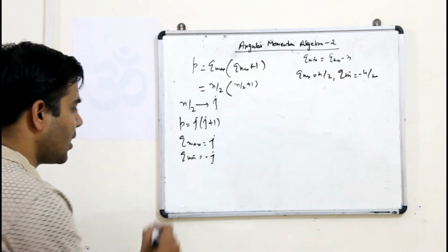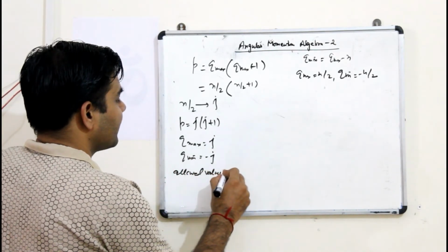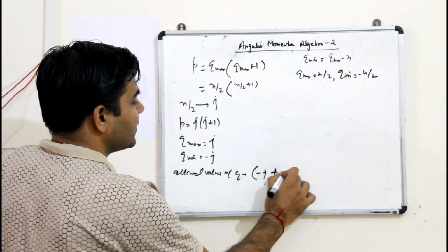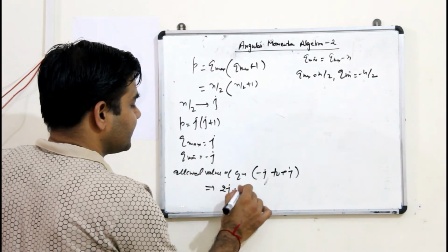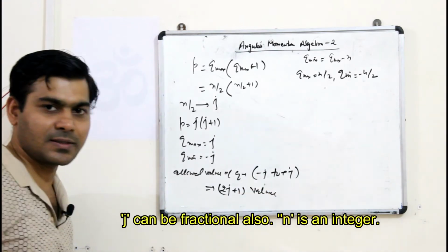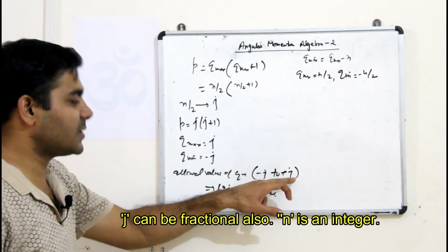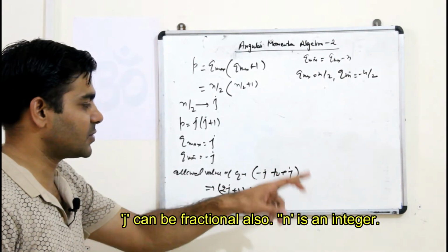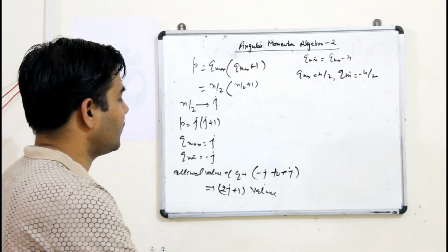So that is the allowed values of Q. Allowed values of Q would be minus j to plus j. It means 2j plus 1 values, including 0 if j is an integer. So we can go from minus j to plus j, like minus 3 to plus 3 if j is 3: minus 3, minus 2, minus 1, 0, plus 1, plus 2, plus 3. So there will be 7 values including 0.